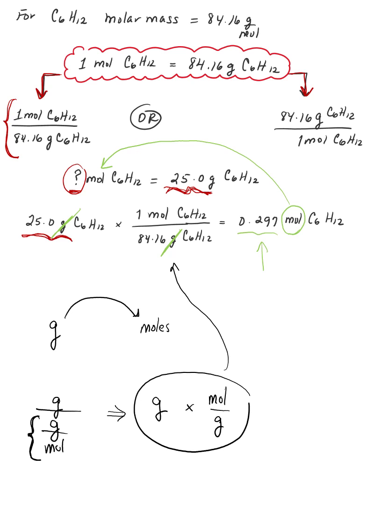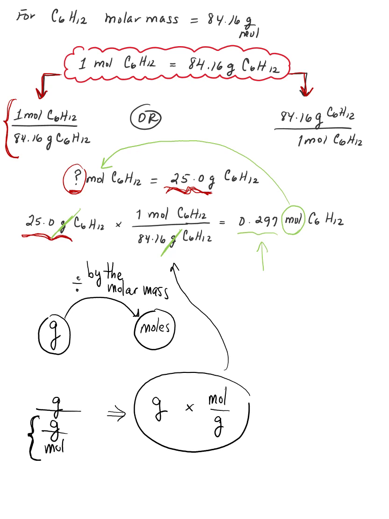That's why I'm going to write down here, to go from grams to moles, you have to divide by the molar mass. And you can do the same with any compound.